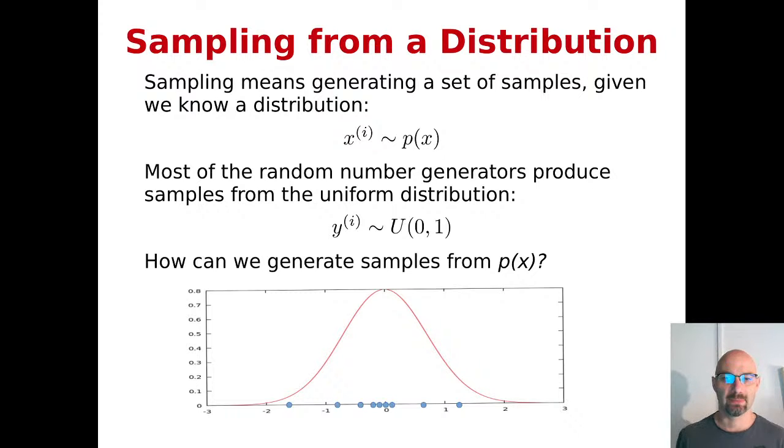It means that, given a representation of this distribution, we are able to extract a value of the domain of the distribution, which is our random variable, and the probability for this value to occur will be proportional to the value that the distribution has at this point.